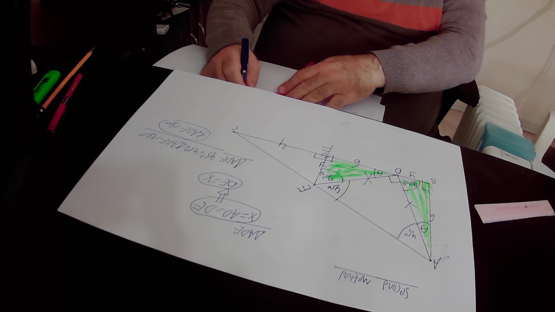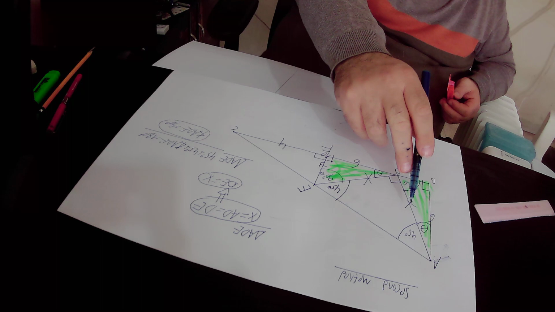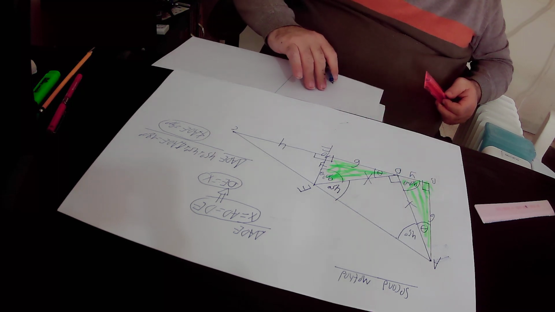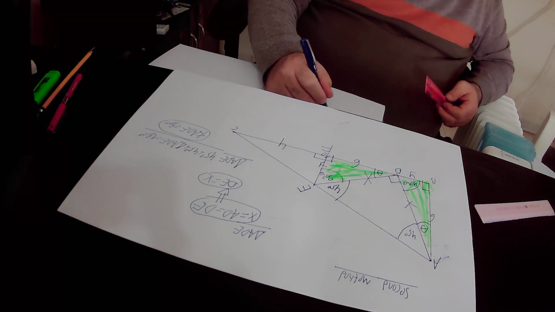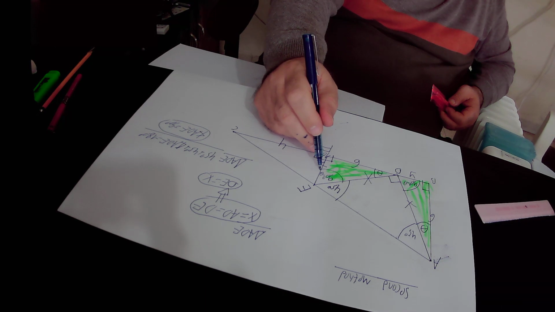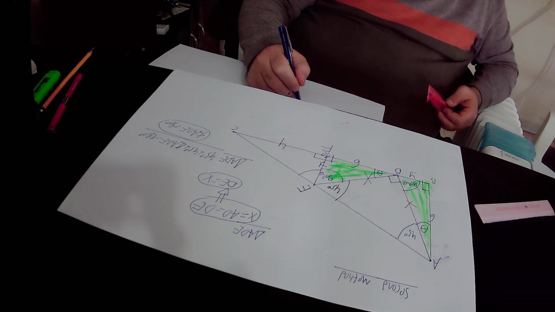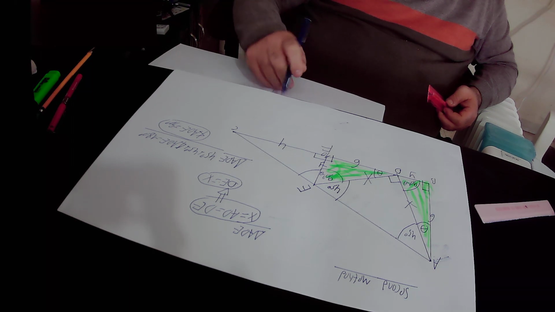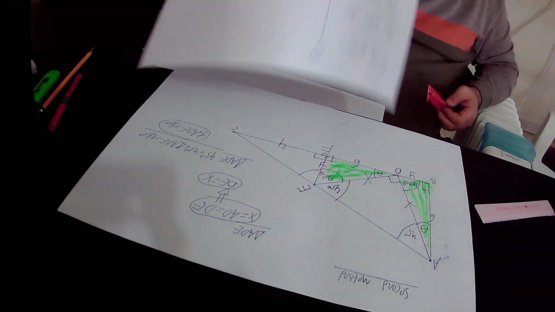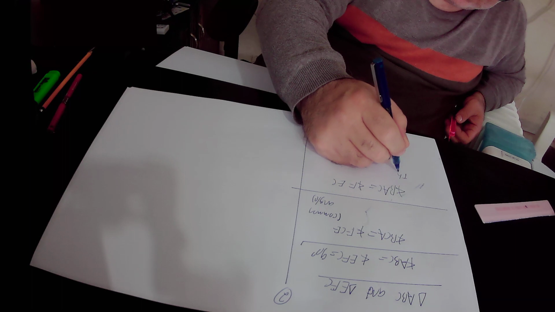So we can write down that angle BAC, this angle that is actually theta plus 45 degrees, is equal to angle FEC, this angle, and those two angles are equal to each other according to the third angle theorem.